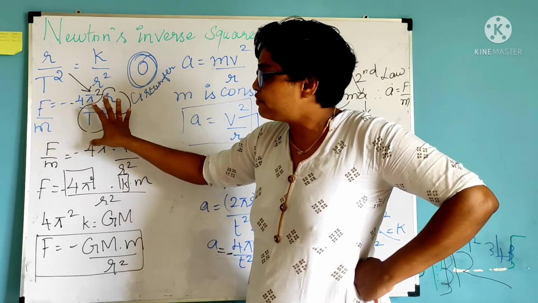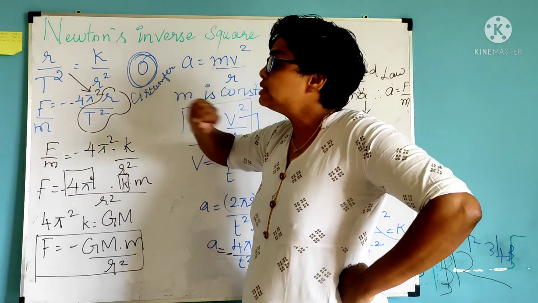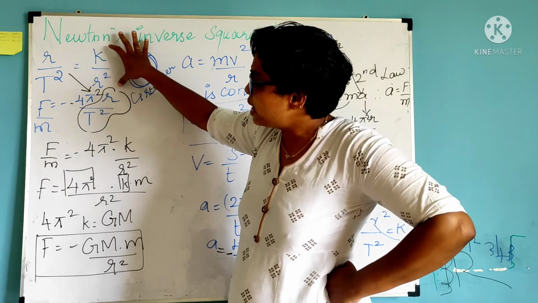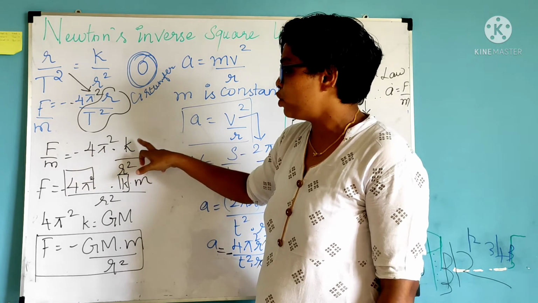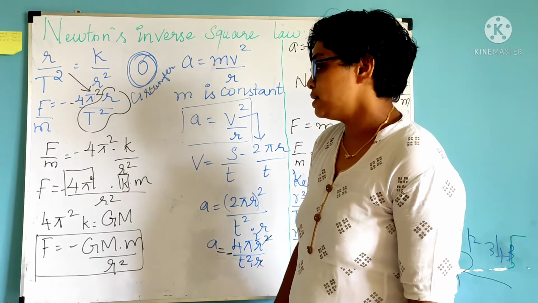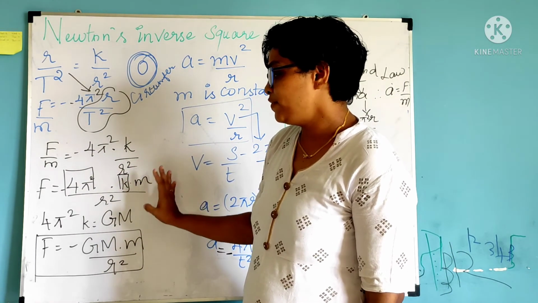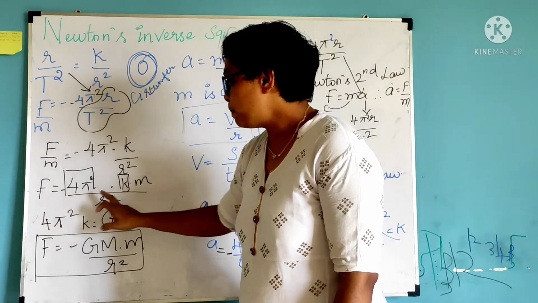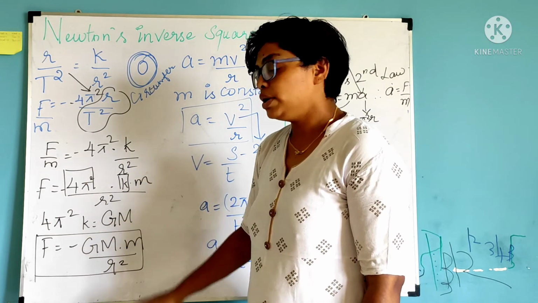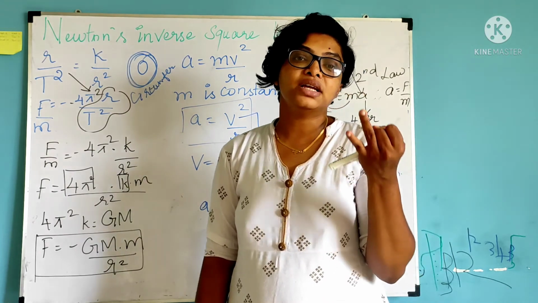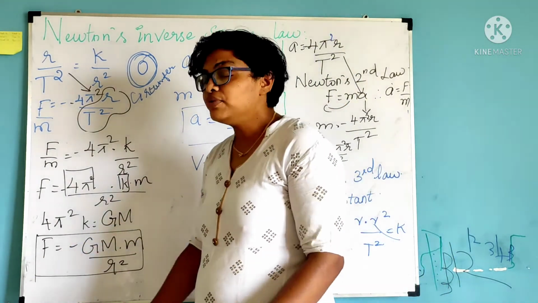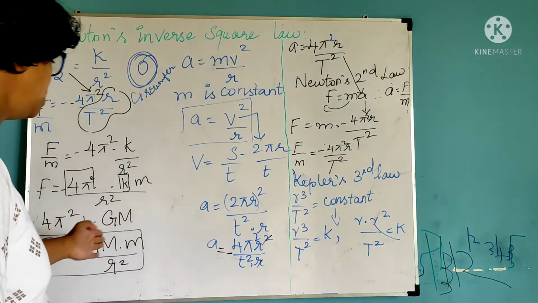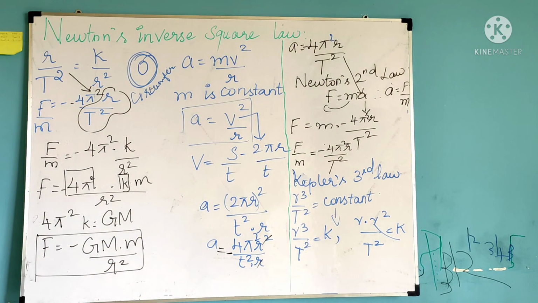So we already know the F value, so substitute that, and instead of r by t square, we can write k by r square. So I have substituted minus 4 pi square k by r square. Whereas this 4 pi square and k is equal to GM, gravitation and the mass. So when you substitute, you will get F is equal to minus GMm divided by r square.